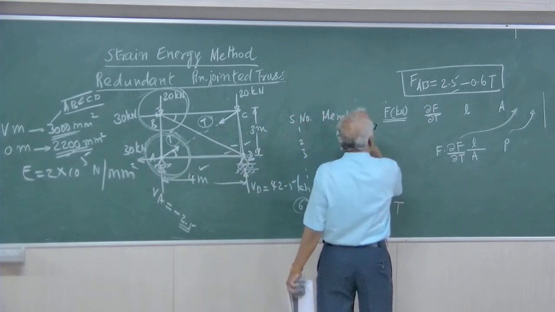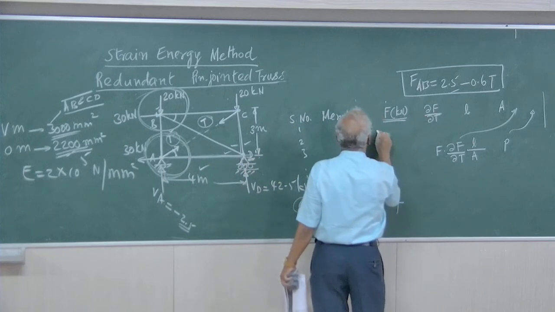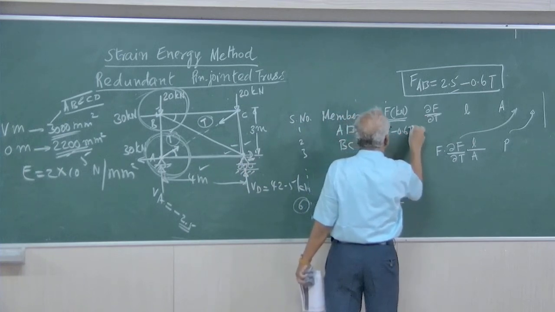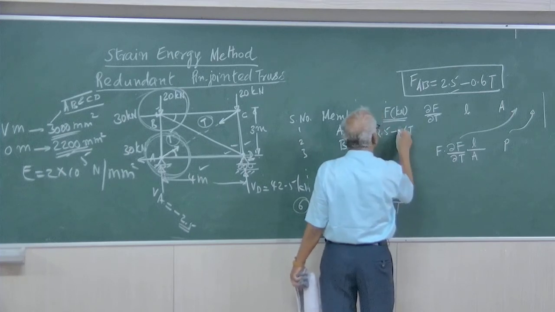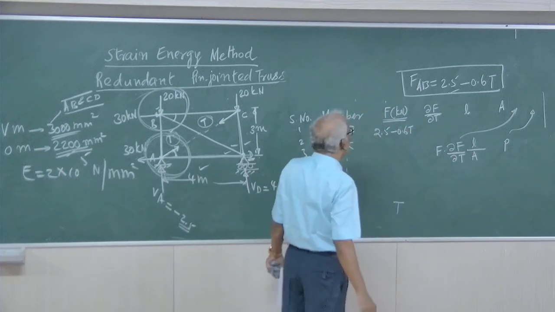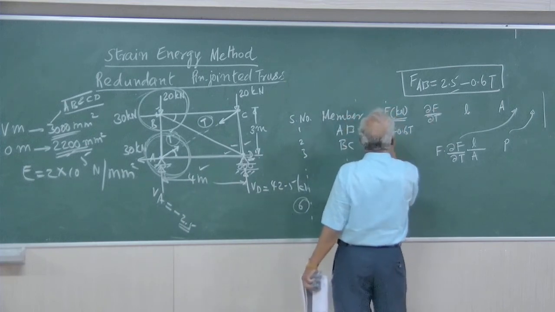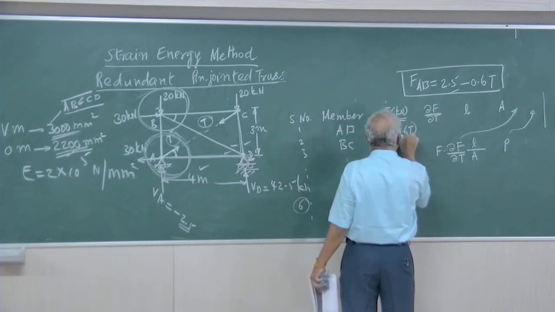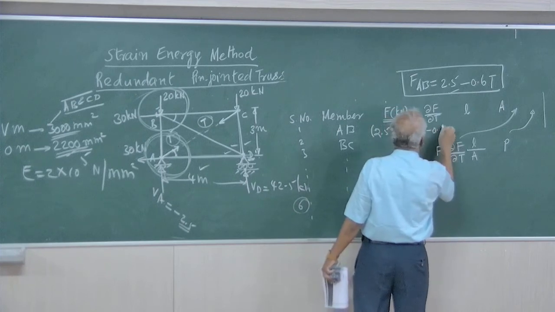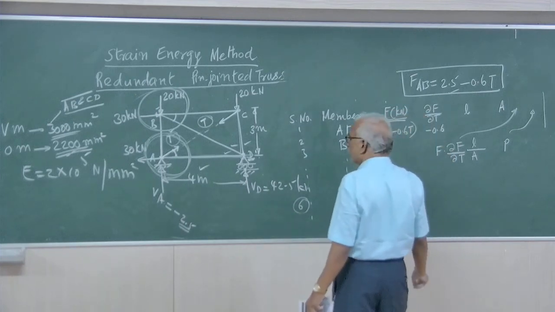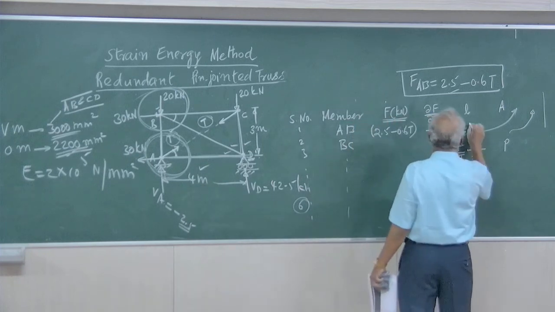F. Now for AB, the force is 2.5 minus 0.60 T. Now, dou F by dou T, when you partially differentiate with respect to T, is minus 0.6. The length of the member AB is 3 meters.